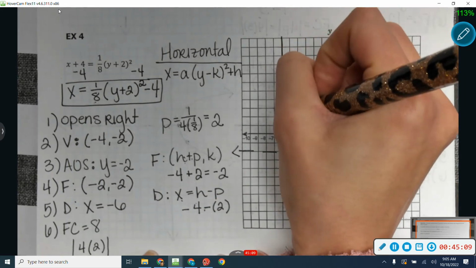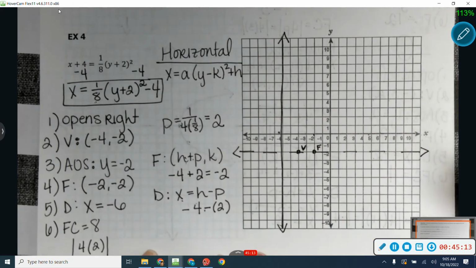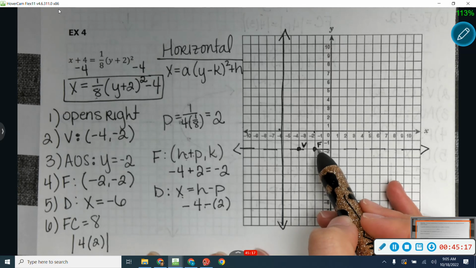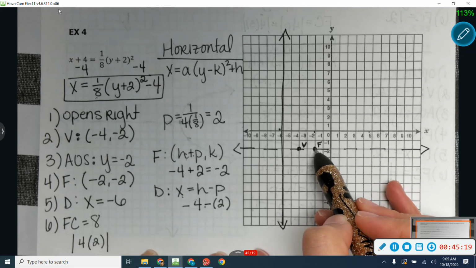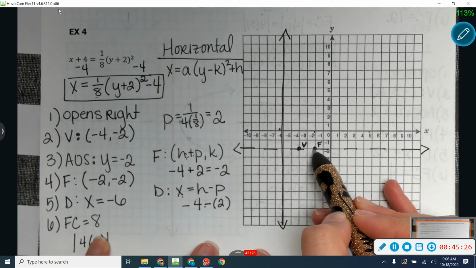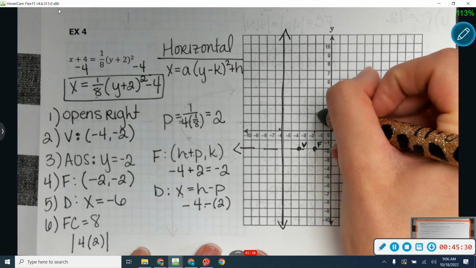Your directrix going through -6. Okay, and then how do I build my 2 points? So my focal chord is 8, split it in half, gives me 4. So I go for my focus, 4 up and 4 down.